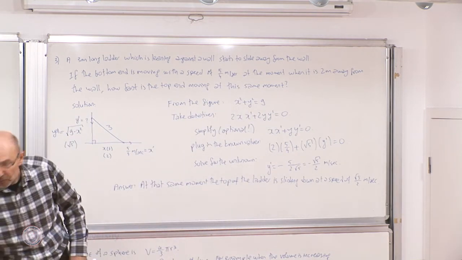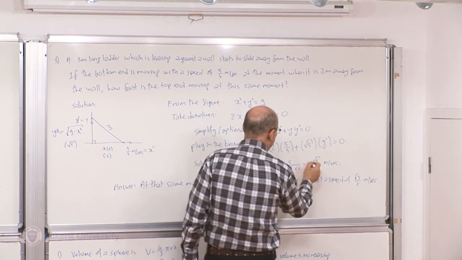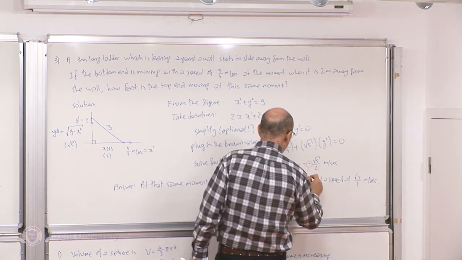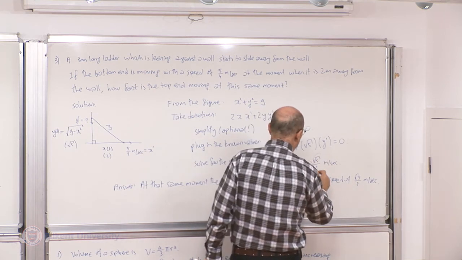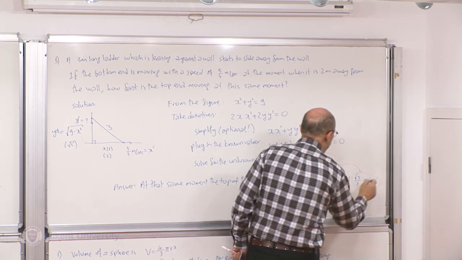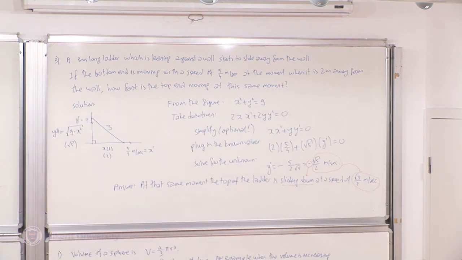Again, let me mention once again that this minus I interpreted as sliding down, and this number here I gave as the raw speed. So this is what is expected in the answer.